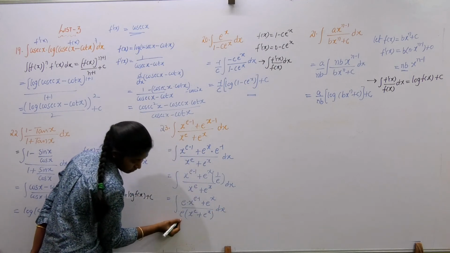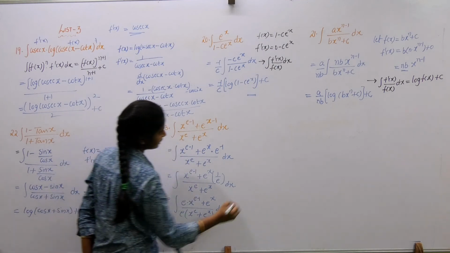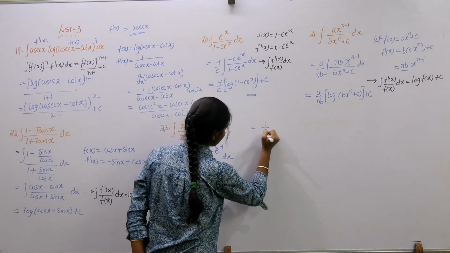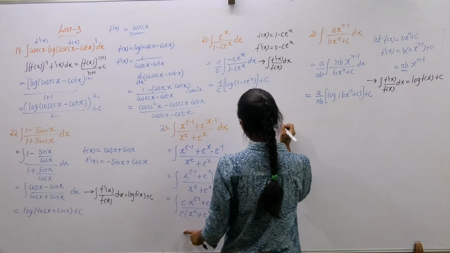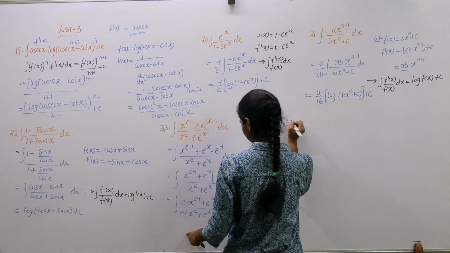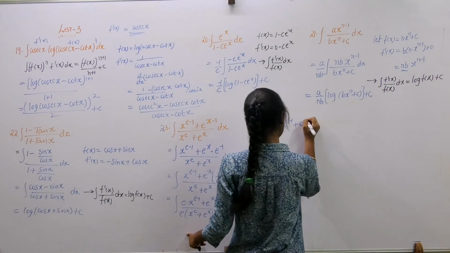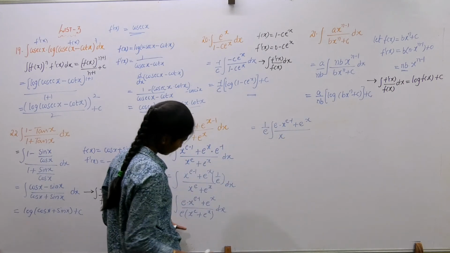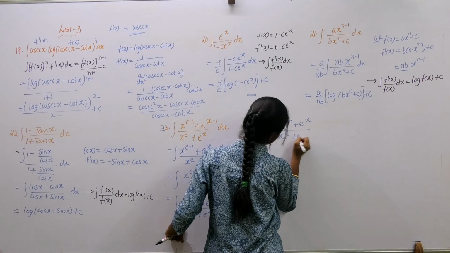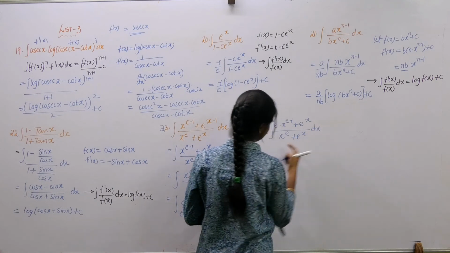Here e is a constant, so we write it out of the integration. We get 1 by e integral of the remaining part, e into x power e minus 1 plus e power x, by x power e plus e power x dx.